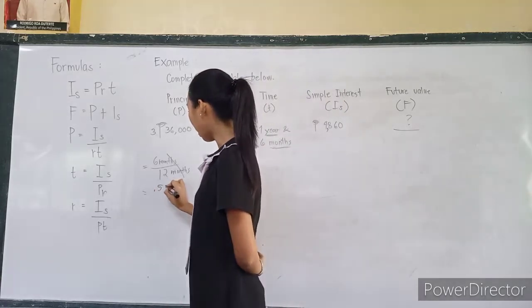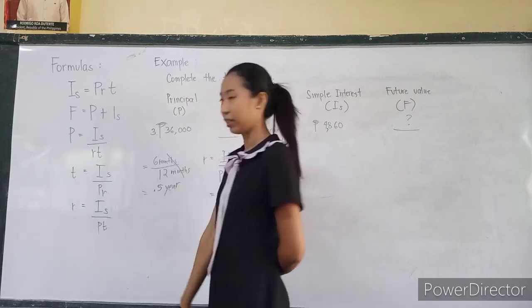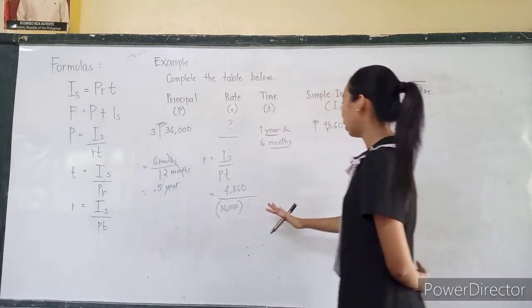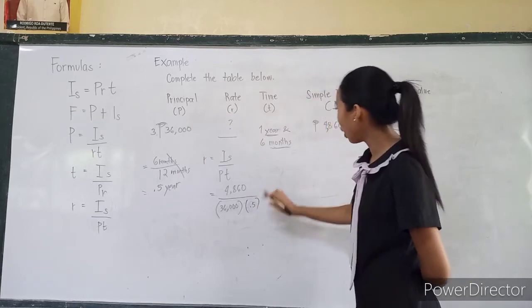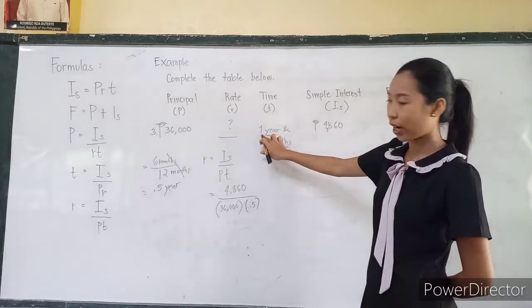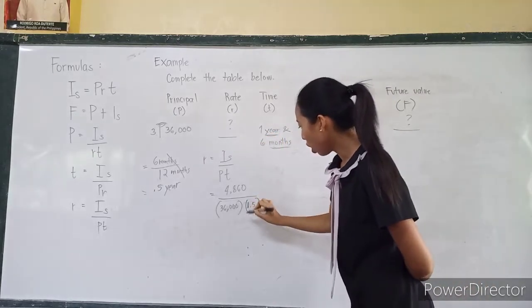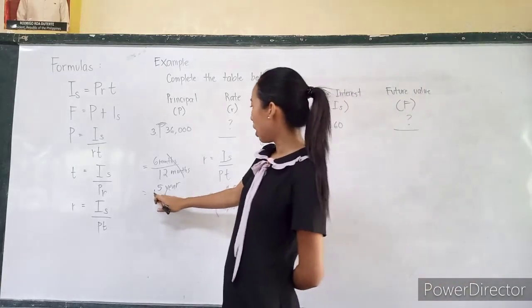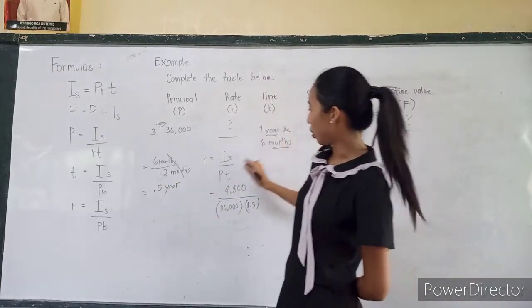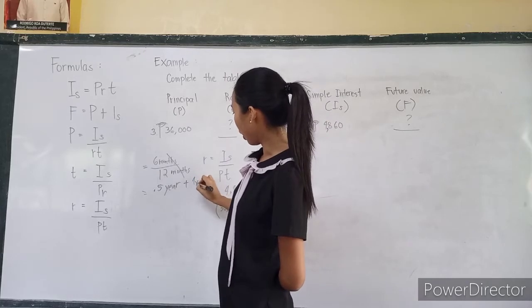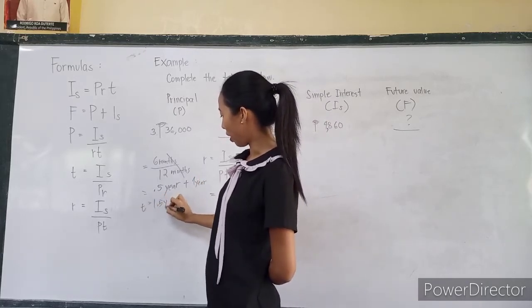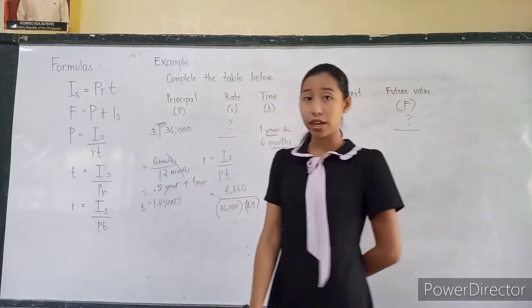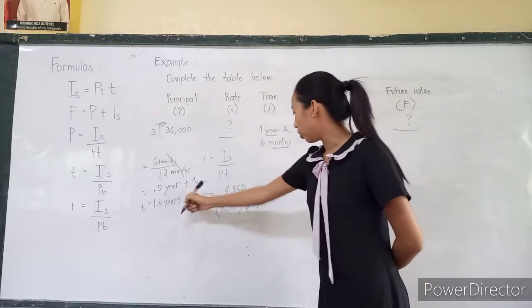So, 0.5 year. Atong ipuli karon sa imuhang 0.5 year plus ang imuhang 1 year kanina. So, this is going to be 1.5. 1 year and 6 months man siya, so ato na siyang i-add sa 1 year kaganina. That's why your final time is going to be 1.5 years. Alright?